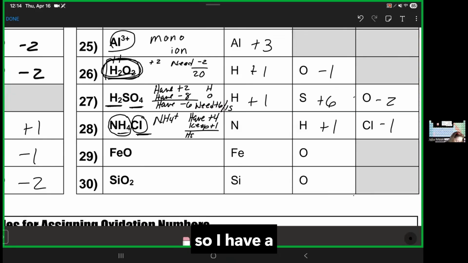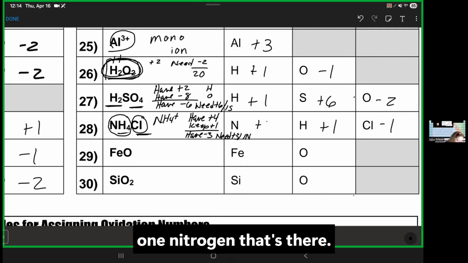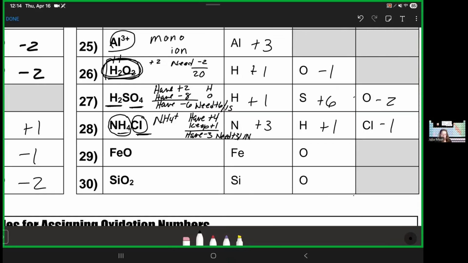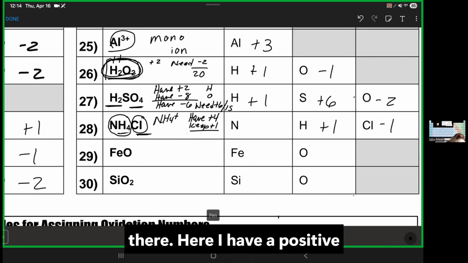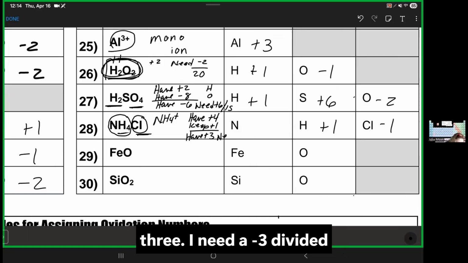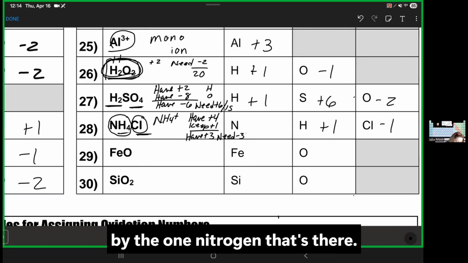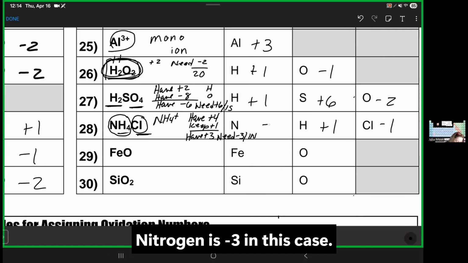So I have a -3. I need the +3 divided by the 1 nitrogen that's there. It's +3. Oh, -3. Sorry. Whoops. I got my signs wrong there. Here I have a +3. I need a -3 divided by the 1 nitrogen that's there. Nitrogen is -3 in this case.